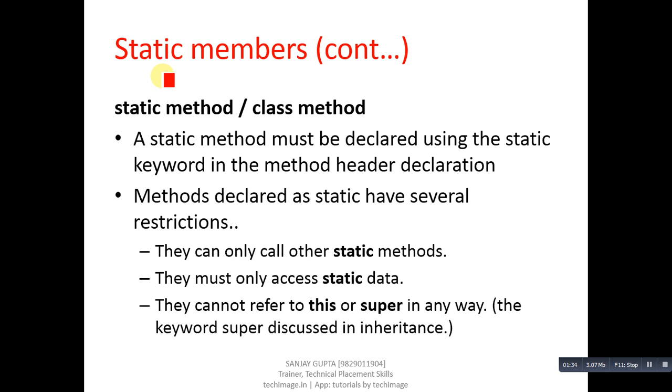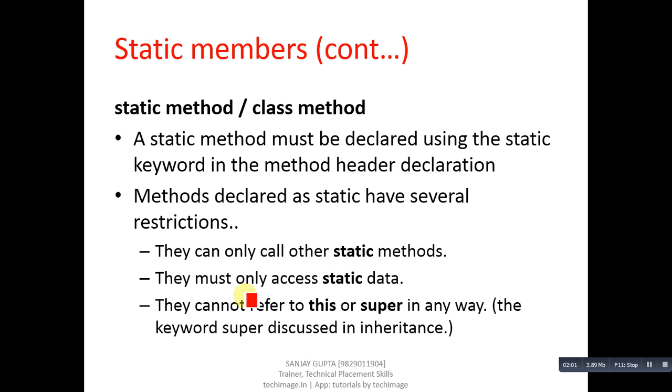In static members, the next category is the static method or class method. A static method must be declared using the static keyword in the method header declaration. If you use static with a method, that method becomes a static method or class method. Methods declared as static have several restrictions. First, they can only call other static methods.